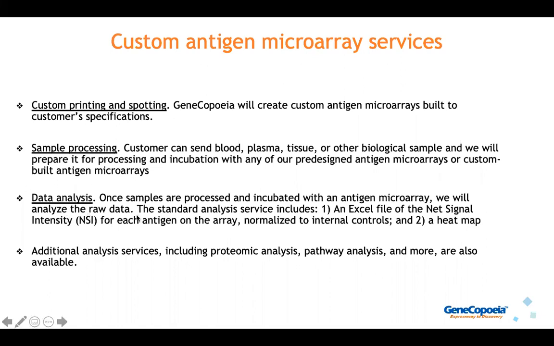We also provide data analysis. Once the samples are processed and incubated with an antigen microarray, we will analyze the raw data, and the standard analysis service includes an Excel file of the net signal intensity for each antigen on the array, normalized to internal controls, and a heat map. We have additional services available, including proteomic analysis, pathway analysis, and more.